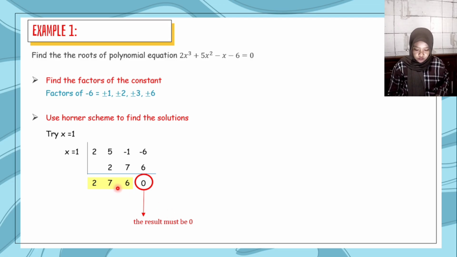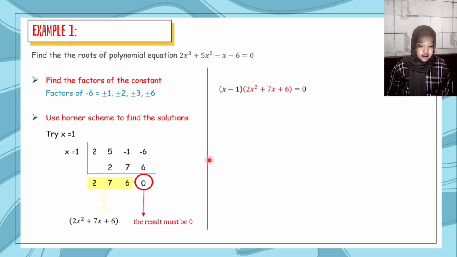From this result, we can find another equation: 2 times x squared plus 7 times x plus 6. So we get x minus 1, which we get from x equal 1, times 2x squared plus 7x plus 6 equals 0. We can factor this equation.